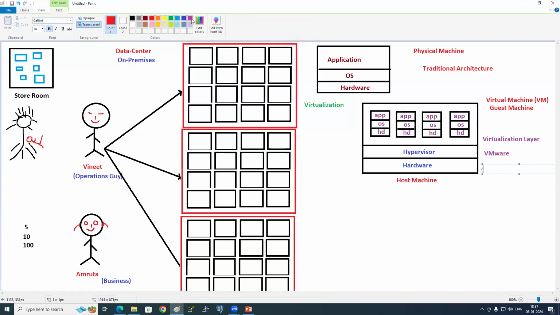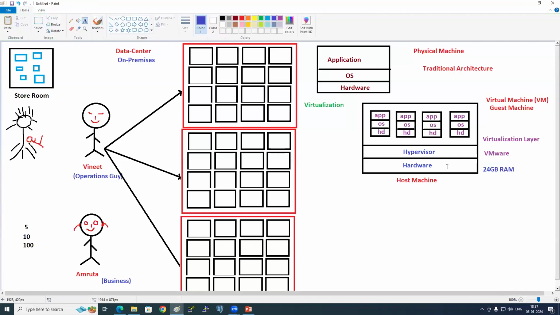Assume that we have 24 GB RAM here. Now, for each virtual machine I need 2 GB RAM. By the way, these virtual machines will use the host machine's hardware.